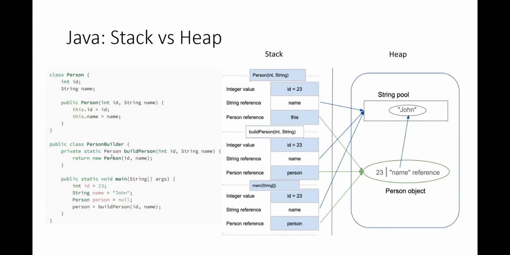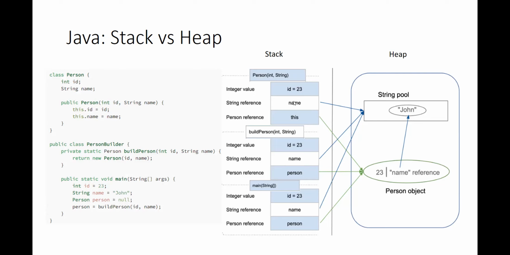But now what will happen is that the compiler will create, once again, this person is a constructor, it's a method. So the compiler will create a separate space for this person method. Once again, this ID and this name will be copied to these two local variables, ID and name. These are two local variables to this person constructor.